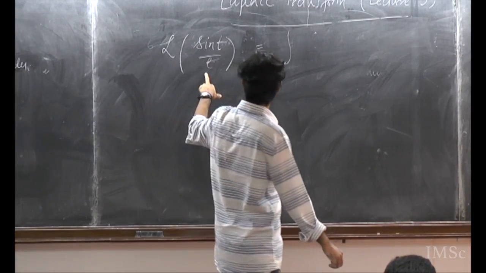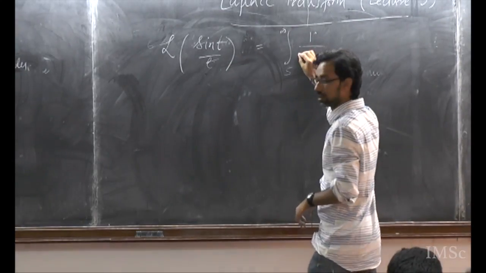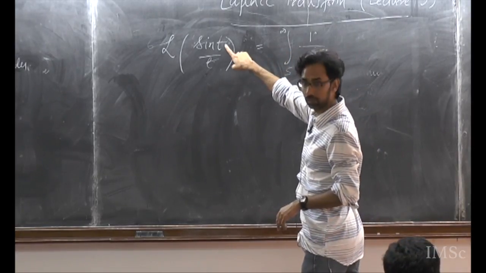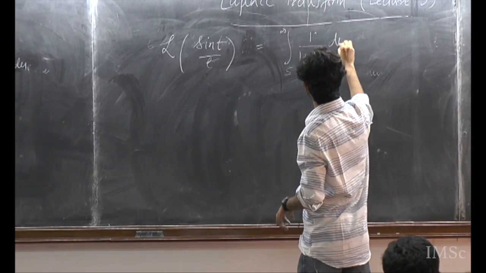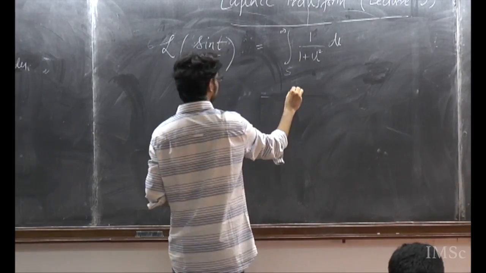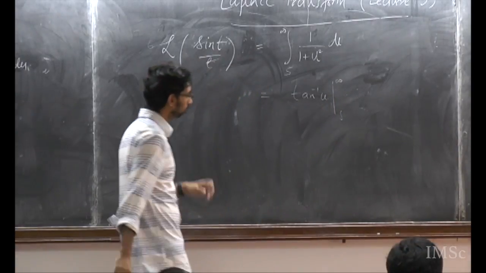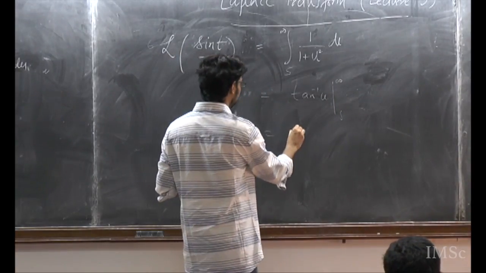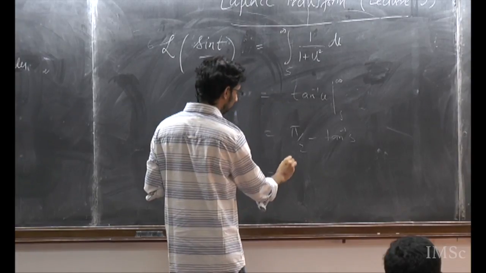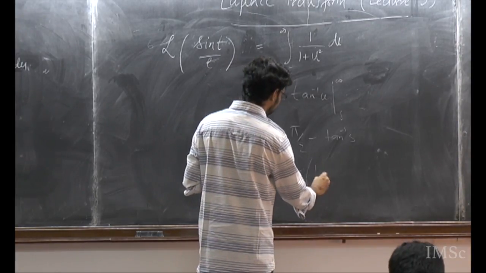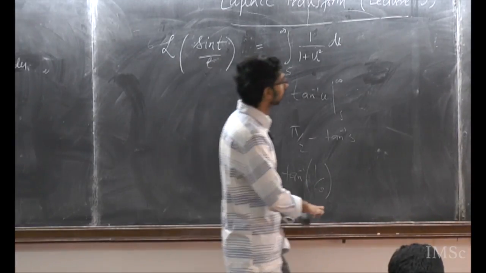So we can apply the theorem. And this is the integral s to infinity of the Laplace transform of sin t, so 1 over 1 plus u squared du. What is this? Tan inverse of u from s to infinity. This is pi by 2 minus tan inverse s, and you can also write it as tan inverse 1 over s. Very good.